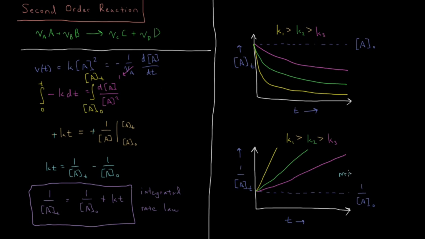So slope equals rate constant if you graph 1 over A versus time. And your intercept there is the inverse of your initial concentration. So to determine if a reaction is second order, you can plot the inverse of the concentration versus time, and if you get a straight line, then your reaction is second order in whatever reactant you're talking about, and your rate constant is determined by the slope of that graph.